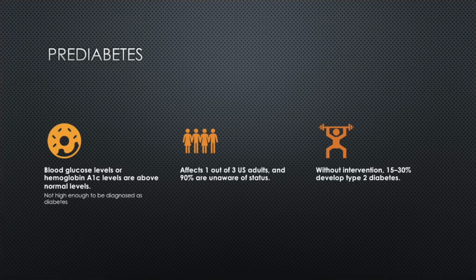The A1C blood test reveals information regarding the patient's blood glucose levels over the previous 3 months. About 1 out of every 3 U.S. adults is a pre-diabetic, approximately 86 million people, and 90% are unaware of their status. Within 5 years, and with no intervention, 15 to 30% of those people with pre-diabetes will actually develop type 2 diabetes.